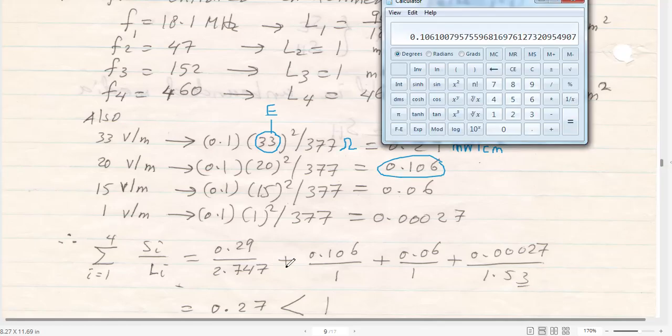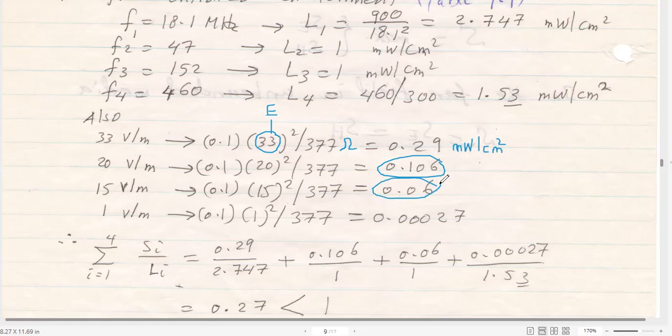The third one is 0.1 times 15 squared divided by 377, and this is equal to 0.0596, approximately 0.06.